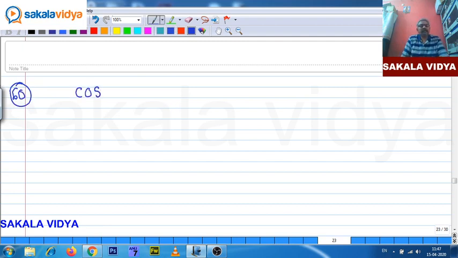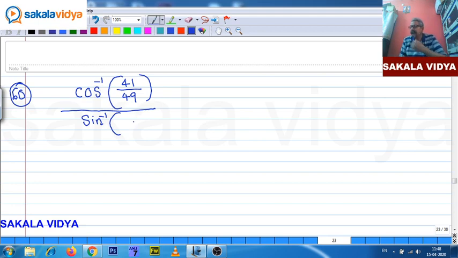Cos inverse 41 by 49 upon sin inverse 2 by 7 equals to. 30 and 150, but actually x belongs to minus pi by 2 comma pi by 2, theta belongs to.